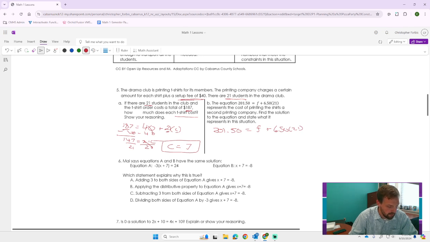Well, first things first, if you multiply out 650 times 21, you get $136.50. Plus F equals 20150. And we can subtract 136.50 from both sides.